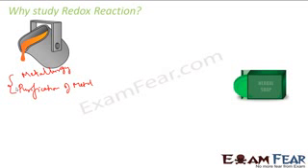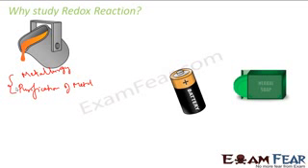If you see the creation of soap or most of the substances which we use, it happens through redox reaction. You see the working of a battery, it works because of the redox reaction, because a chemical reaction happens, and that is mostly the redox reaction. The process of creating medicines also involves redox reaction.